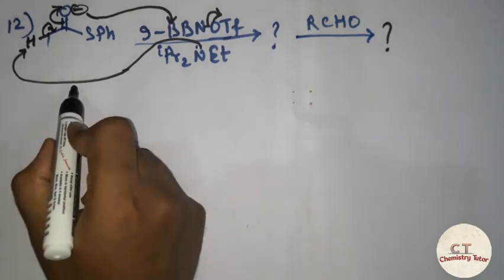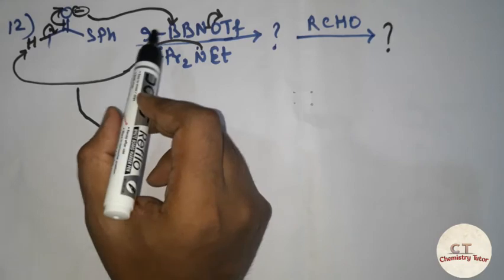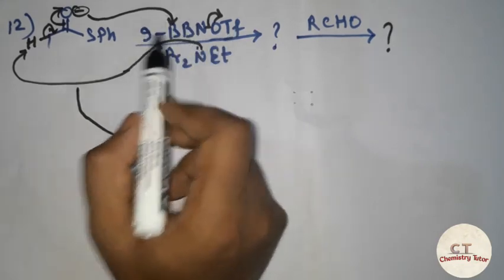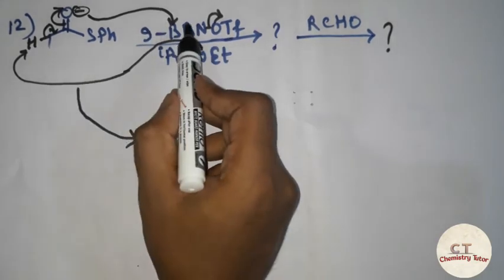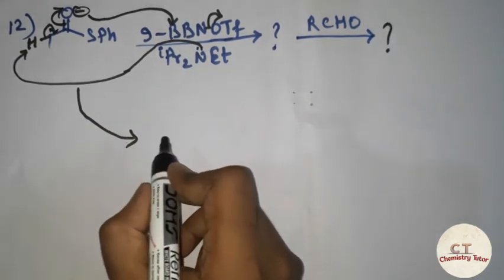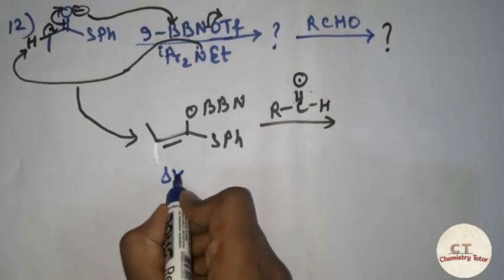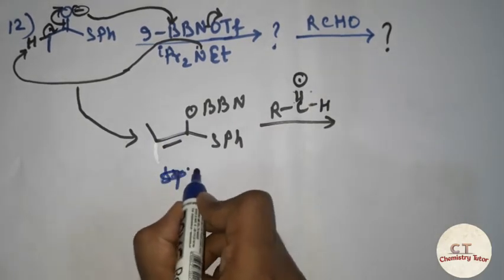And whether it is syn or cis or anti, how can we know that? I have already told you, most boron reagents give the cis enolate, and the 9-BBN arranges itself in such a way that we get the syn configuration. We are getting a syn enolate. Okay, sorry, cis enolate.